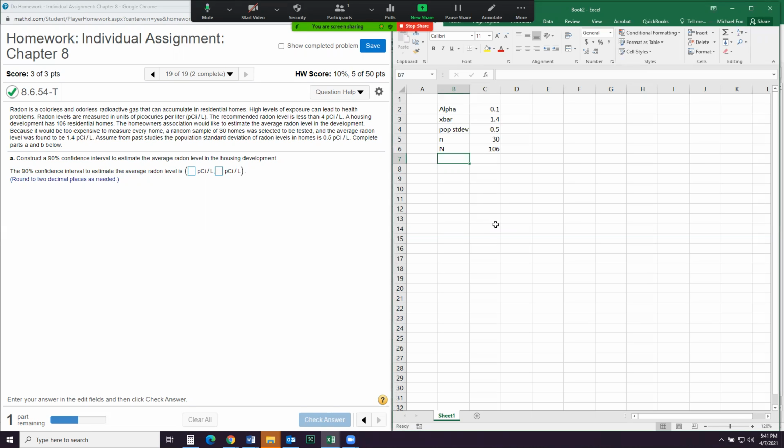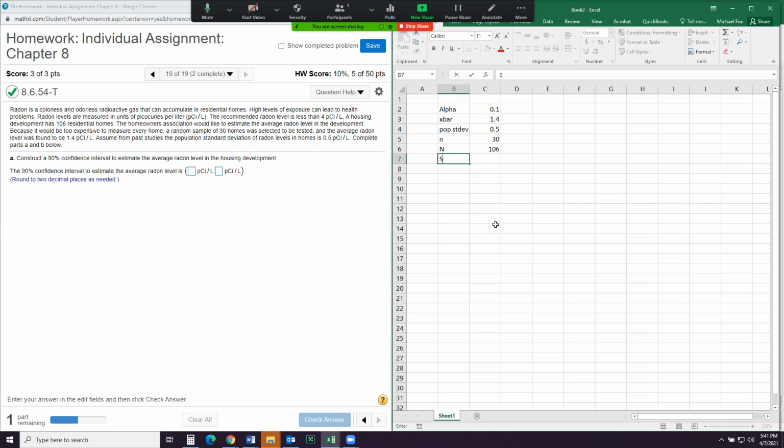The reason I can't just use confidence.norm when I normally would be able to is because I have a large sample size relative to the population size. So that's going to require me to use the finite population correction factor. In order to do that, I have to use it on my standard error of the mean.